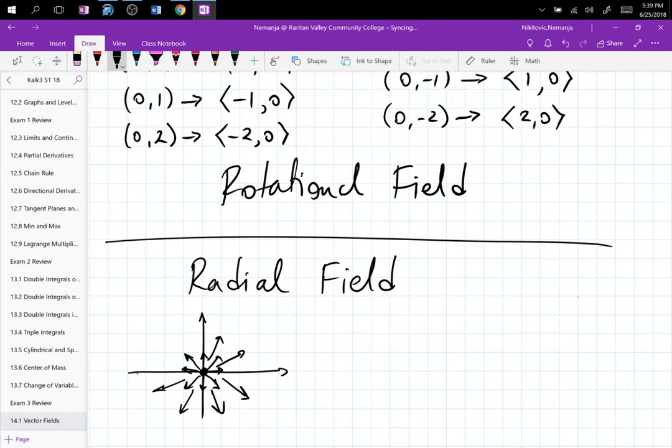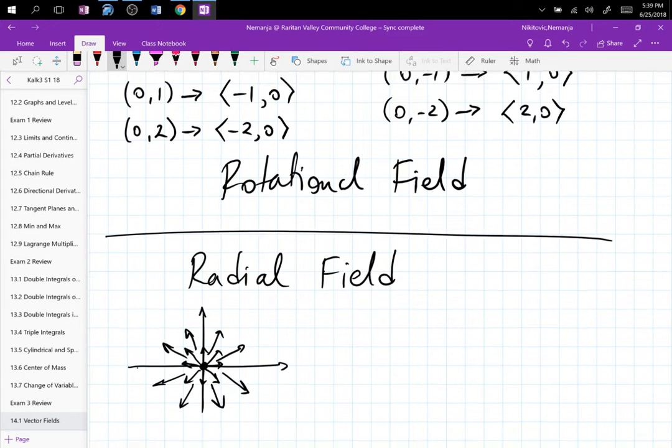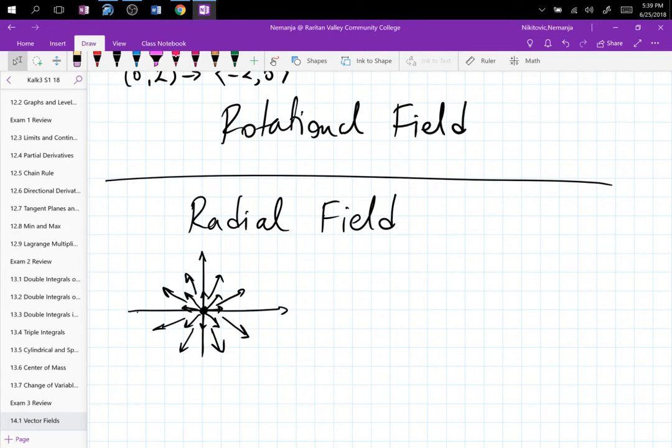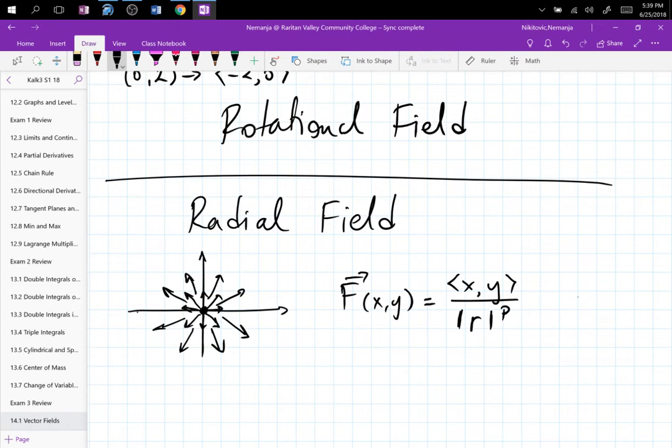Can you have it that it's the opposite? Yes. Is there a different name for that? Same, just the formula a little bit different. So for a radial vector, we have vector xy divided by the magnitude of r raised to some power, and you can mess with the exponent and see what happens.